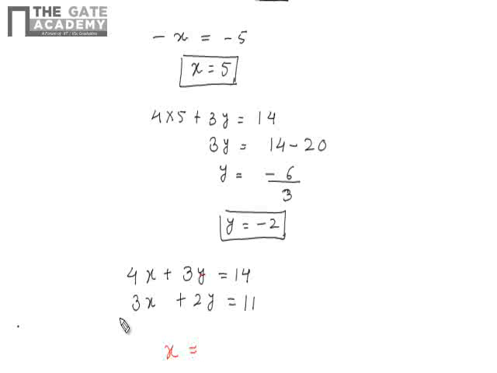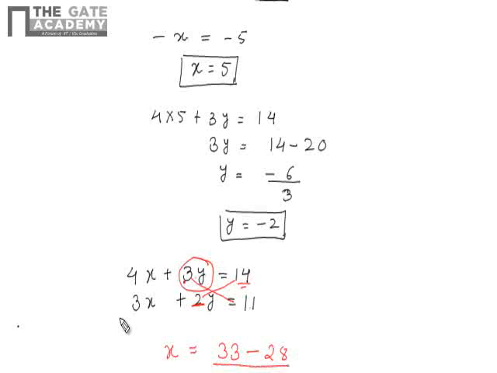You just have to look. To find out x, you have to multiply the coefficient of this y with this constant term, like this. So that is 33 minus this into this, that is 28. This operation will form the numerator of the answer.